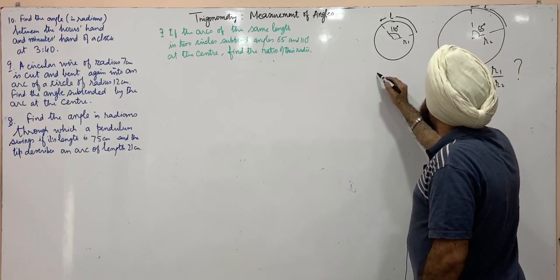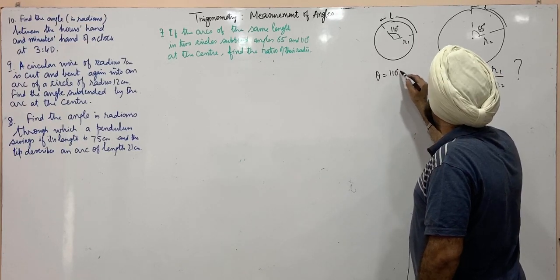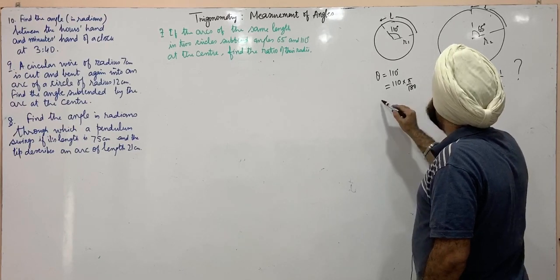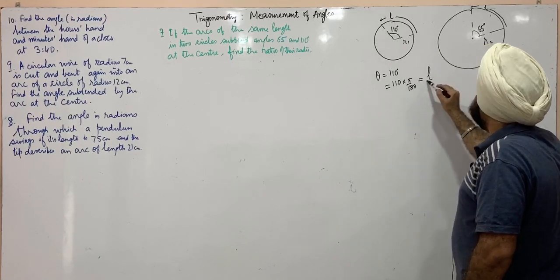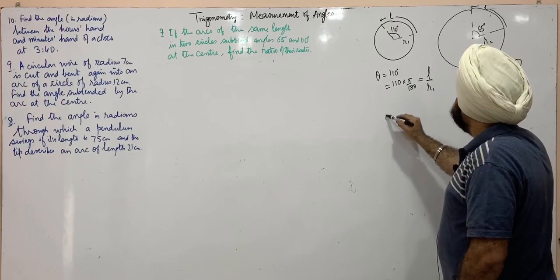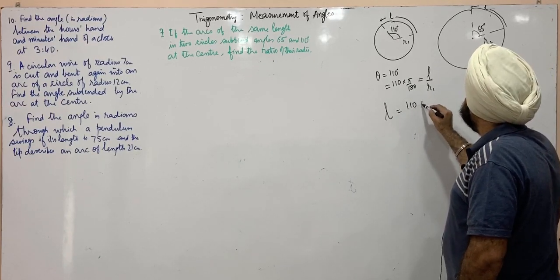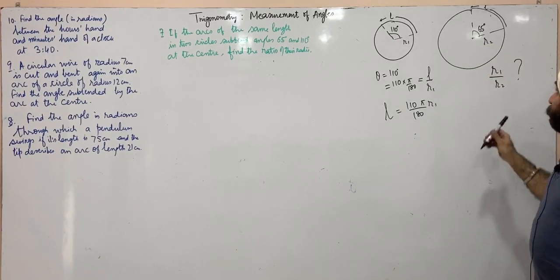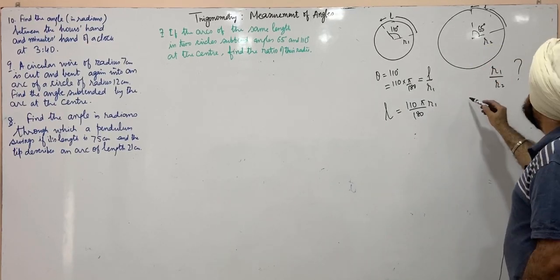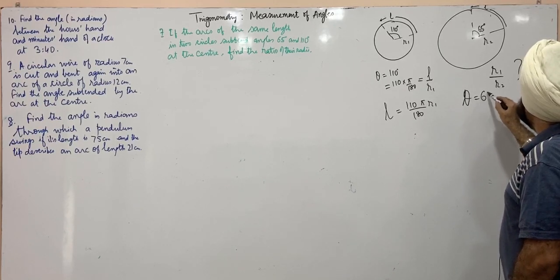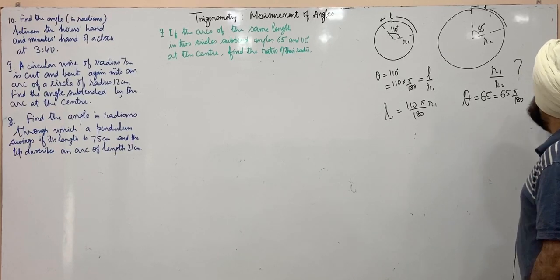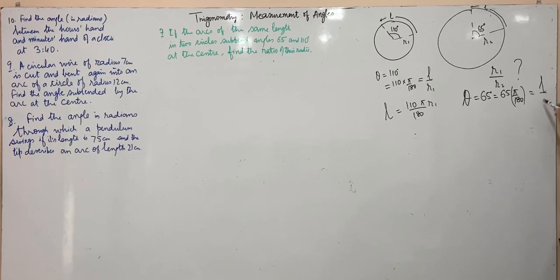For this, theta is 110 degrees or 110 into pi by 180 radians, and we know theta is L by radius. So L here is 110 into pi by 180 into R1. We find L from this circle. Theta here is 65 degrees or 65 into pi by 180 radians. This will be arc length upon radius, and the radius here is R2.